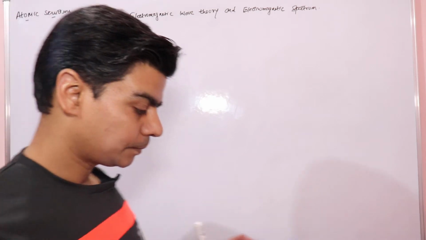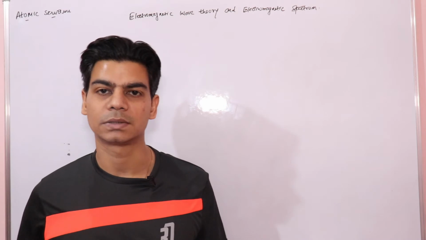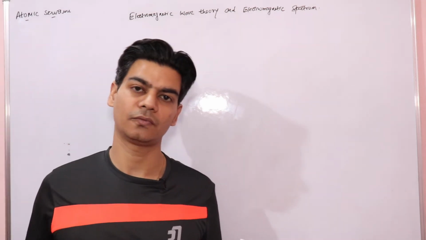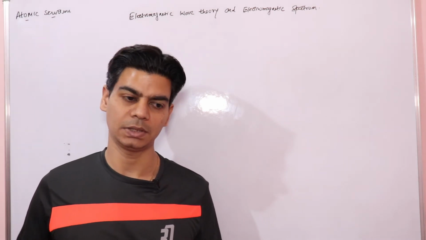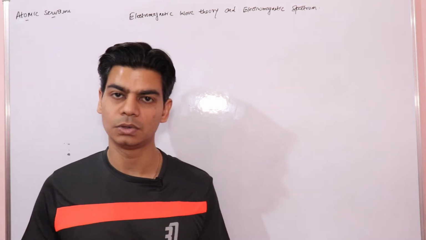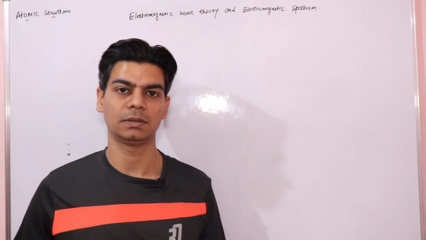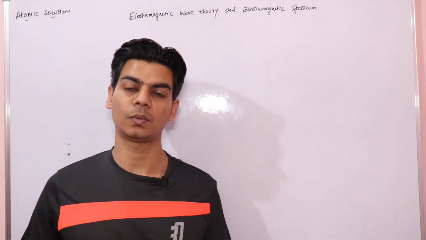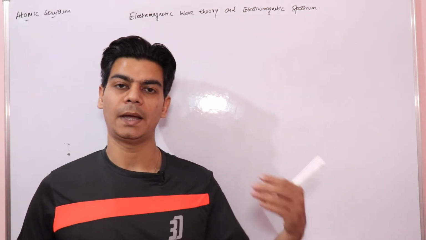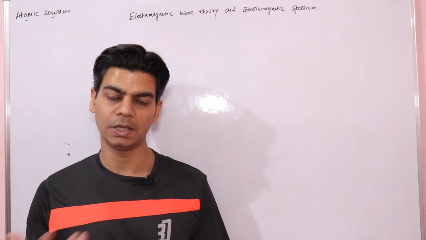Since we know that the Rutherford model of atom suffered serious drawbacks: it could not explain the distribution of electrons around the nucleus, it could not tell us anything about the energy of electrons revolving around the nucleus, and it could also not explain the emission spectrum, or what we call the line spectrum, of elements like hydrogen and sodium that emit radiations when they are heated.